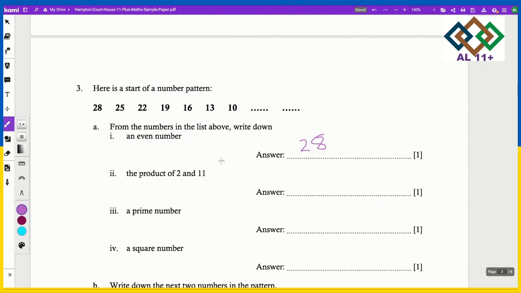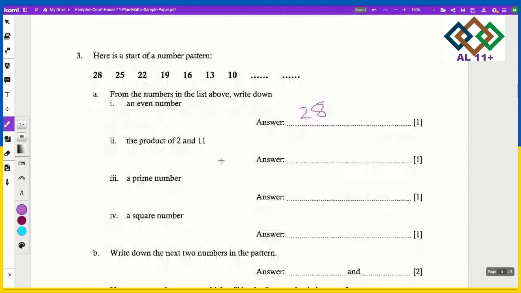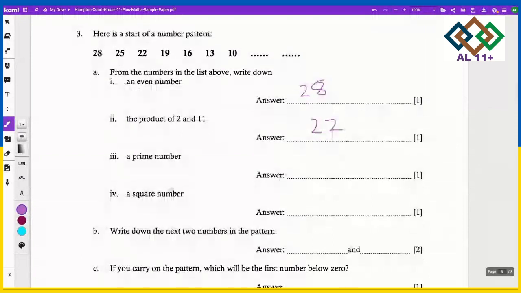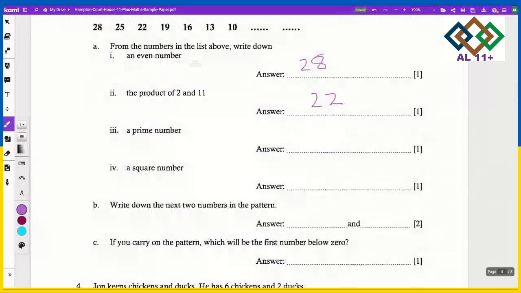The next one, they're asking you the product of 2 and 11. So you just need to multiply that and you get 22. A prime number, again from the numbers on the top, it's 13, or you could write 19. A square number, that is 7. Oh, sorry.